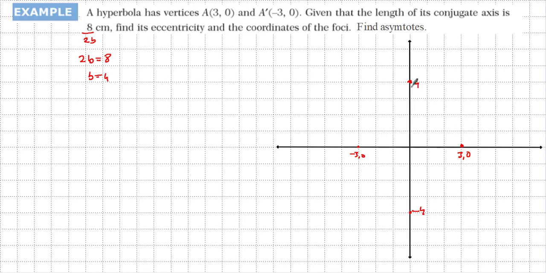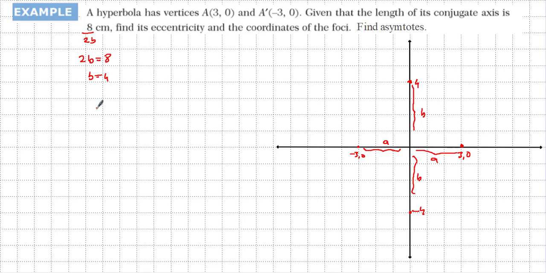The vertices are 3 here and minus 3 here. The lengths are always positive, so the length here is a, and this is 2a. And here this is 2b, so here is b, and here is also b.